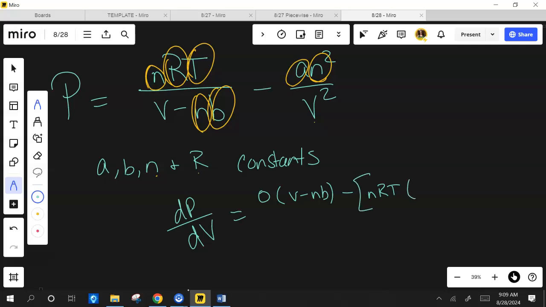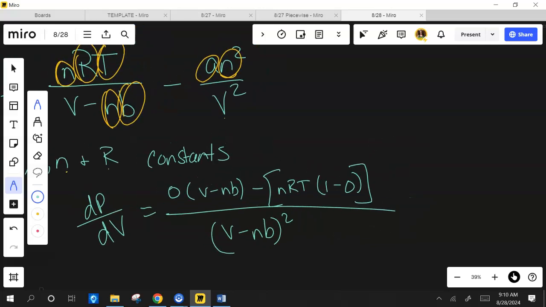What's the derivative of the bottom? 1. If this was an x, what's the derivative of x? 1. Doesn't matter. I'm just showing you. I'm just showing every single step.